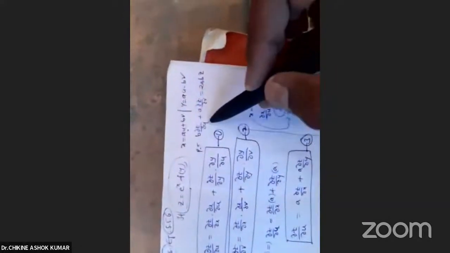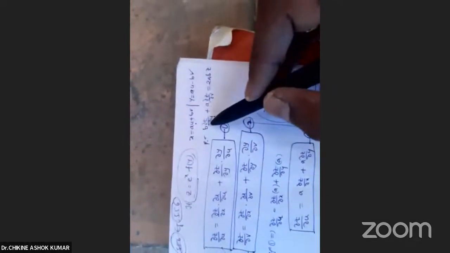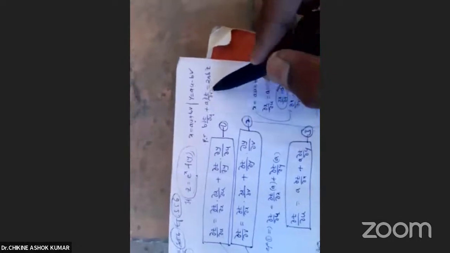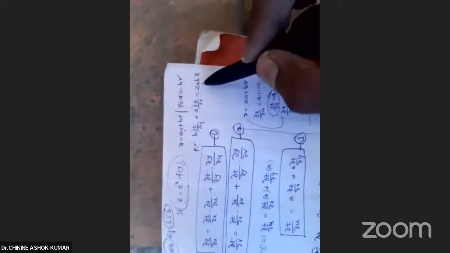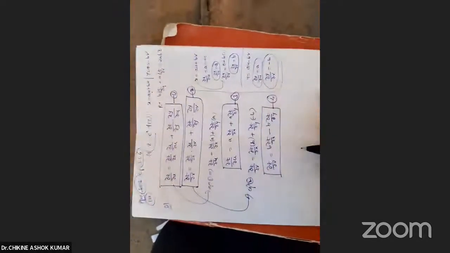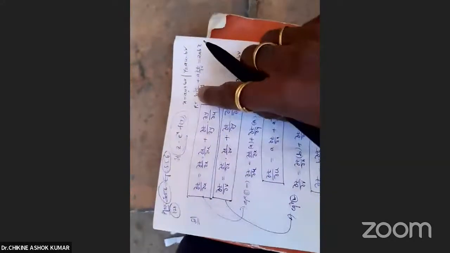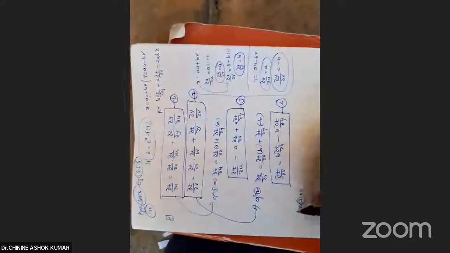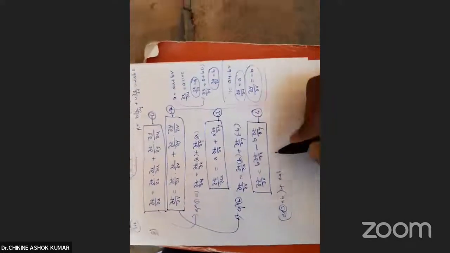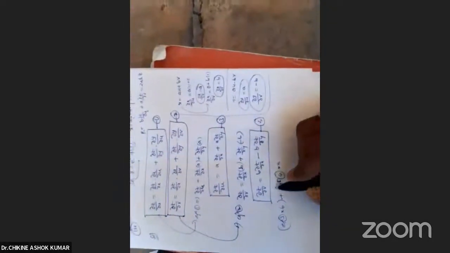b dou z by dou u, a dou z by dou v. That means multiply this by b and this by a, and add the two; I want to get the answer 2ab into z. So equation 3 has dou z by dou u and equation 4 has dou z by dou v. So equation 3 multiplied with b, plus equation 4 multiplied by a, because a dou z by dou v is there. Then add these two.